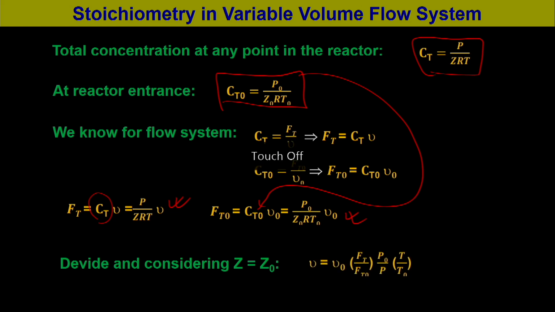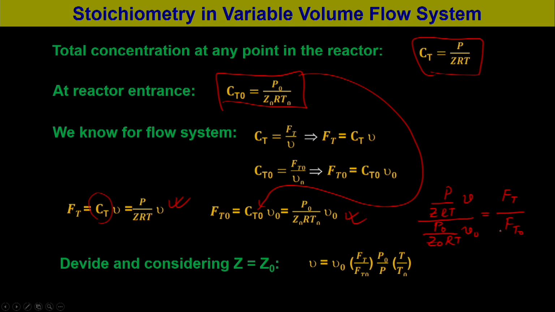Basically, we divide P by Z R T into V, which is F T, by P naught by Z naught R T naught into V naught, which is F T naught.